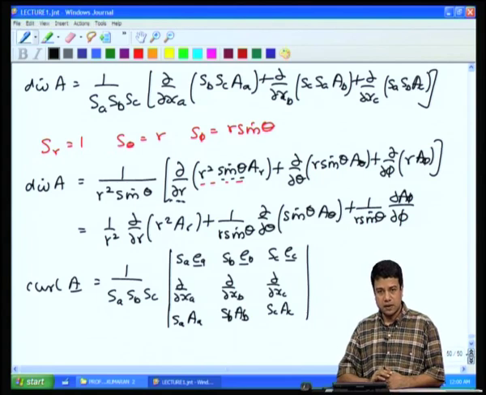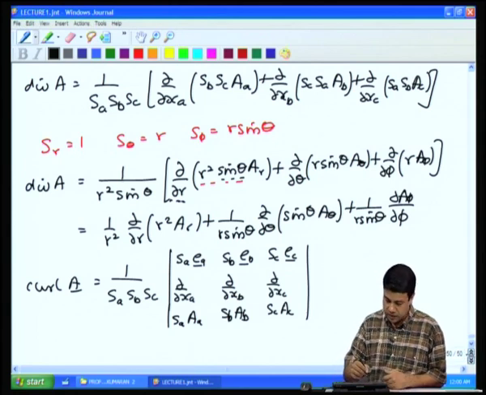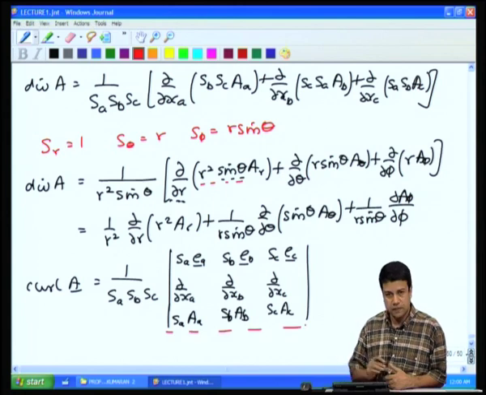Good exercise to undertake: calculate the value of curl in the spherical coordinate system, use this formula here to calculate the value of the curl.